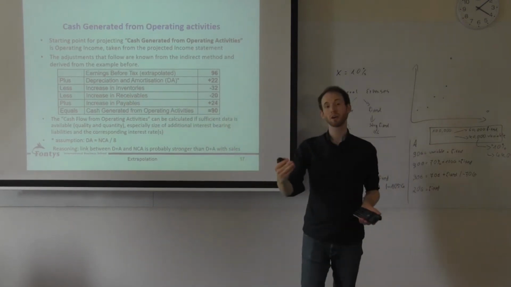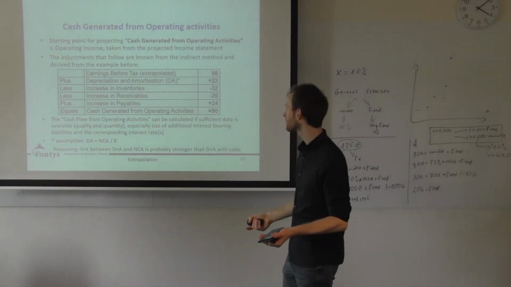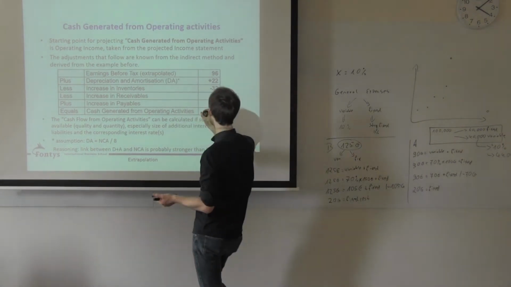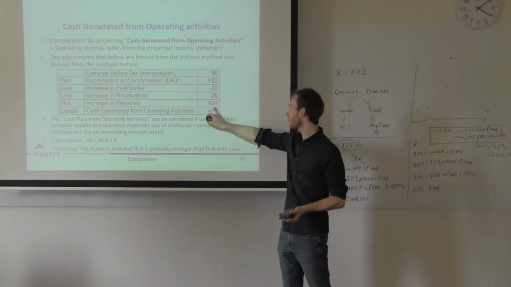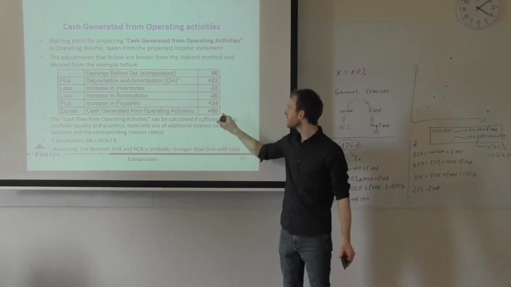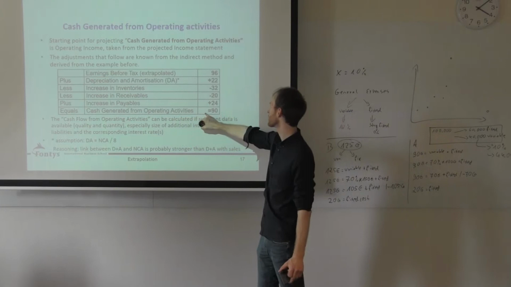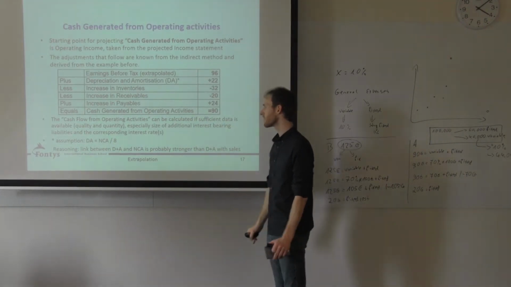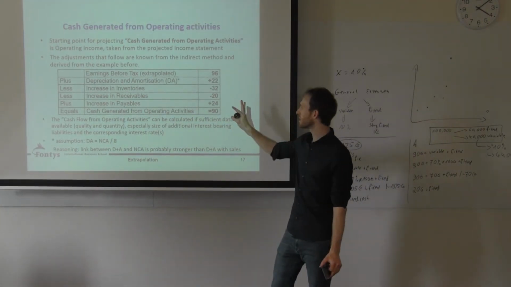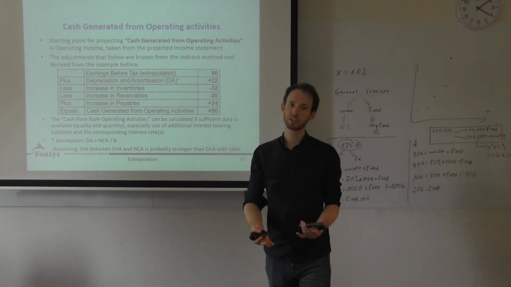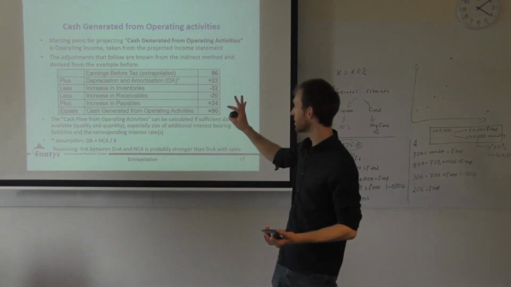So more customers didn't pay us yet. And an increase in payables means more people allow us to pay later. There is a positive impact on cash, leading to a forecasted cash generated from operating activities of 90 million. And that is basically the way that we project the operating activities.